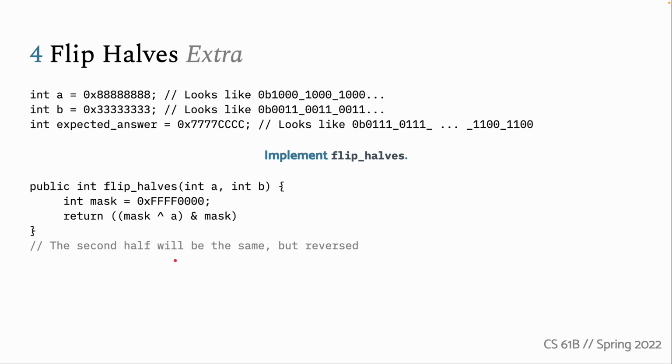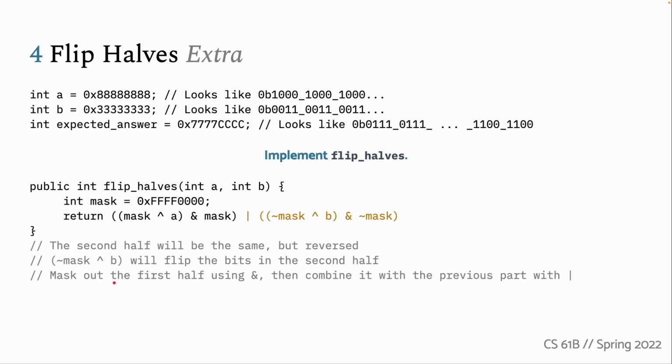Now we can do the second half. It'll be the same, but the idea will be reversed because we're doing the second half instead. So we're going to reverse the mask so that instead of being 1s for 16 and then 0s for 16, it's going to be 0s for the first 16 and 1s for the second 16. And then we're going to XOR that with B to flip all of the bits in the second half. Next, we're going to mask out the first half by using AND with the negated mask that we have.